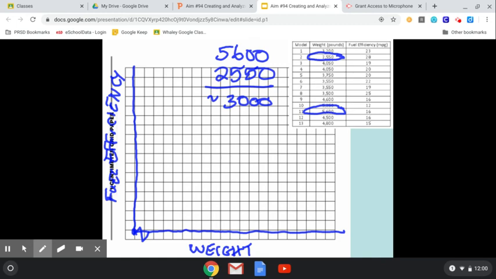If I were to go by 200s, I would need 15 boxes. Let me count. 1, 2, 3, 4, 5, 6, 7, 8, 9, 10. Yeah, I definitely have 15 boxes. So I think I'm going to go by 200s.